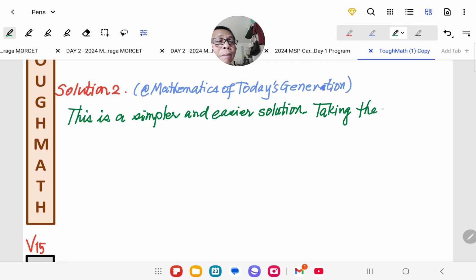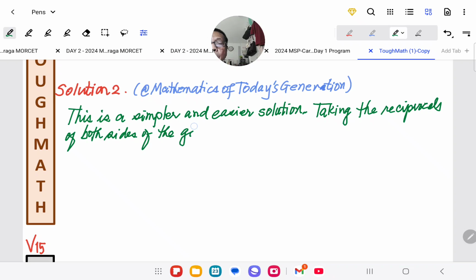Taking the reciprocals of both sides of the given equation, of the second equation, both sides of the expression for x.